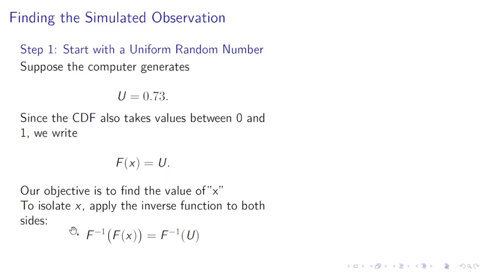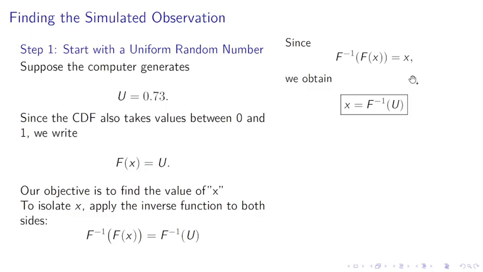To isolate x, apply the inverse function to both sides of F(x) = u. Here, F inverse of F(x) equals F inverse of u. This F inverse and F cancel out. The F inverse of u is equal to x. So x = F⁻¹(u).